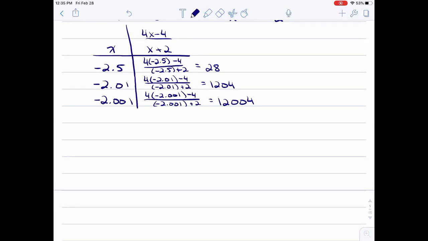Right. And so this looks like y is approaching positive infinity as x goes to negative 2 from the left.